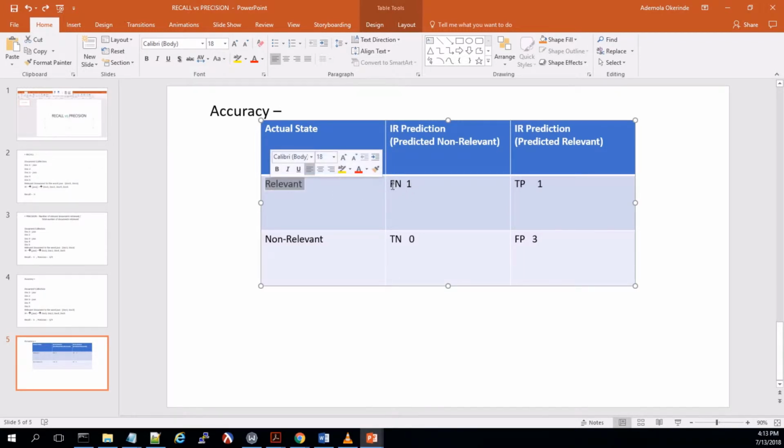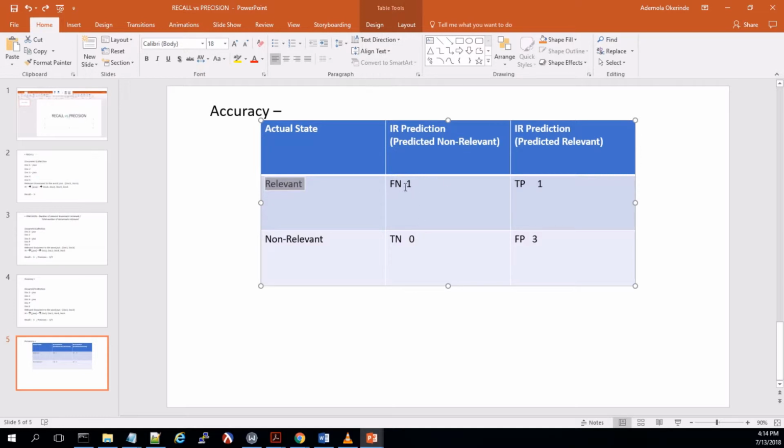That means the judgment we have here is actually supposed to be positive, but the IR system says it is non-relevant. So we call this a false negative, because what the IR system tells us is false.